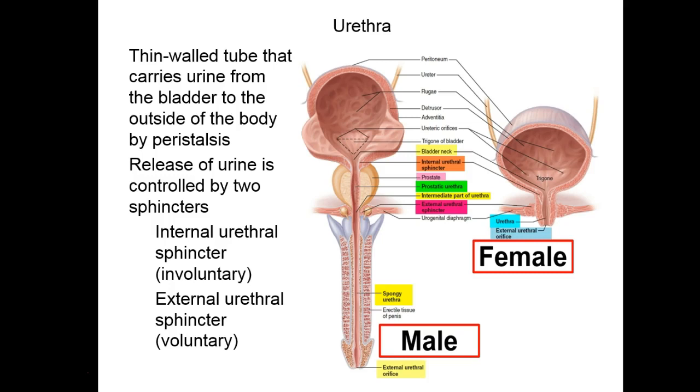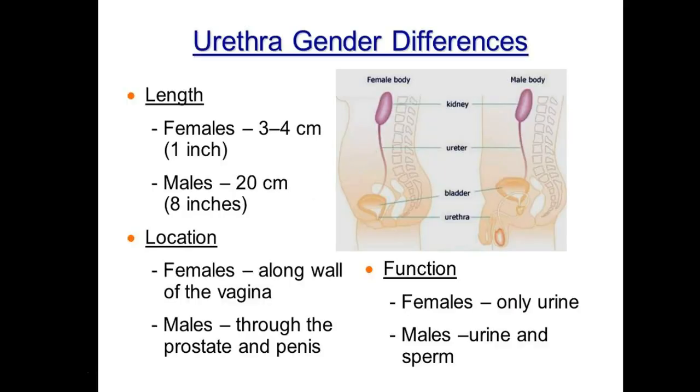The male urethra has dual jobs, and the female urethra, which is much shorter, just expels urine. On the next slide we talk about the gender differences.